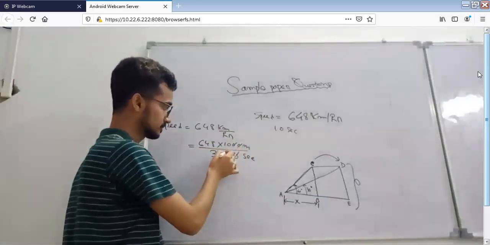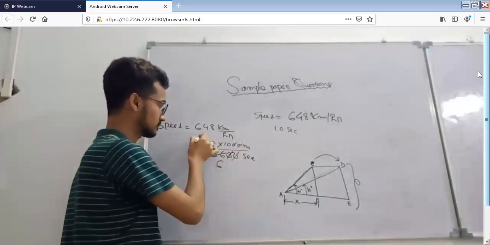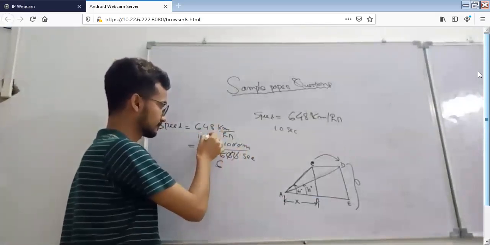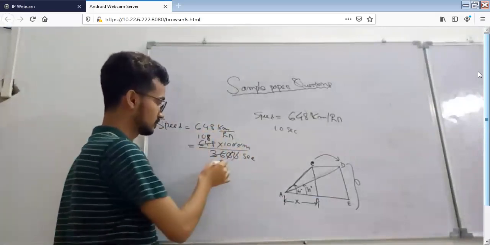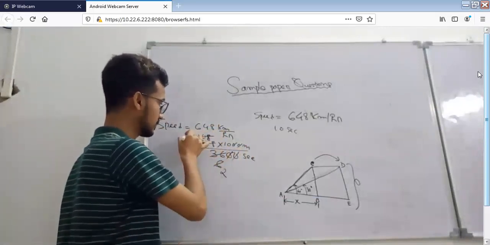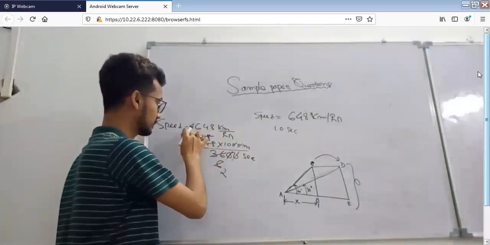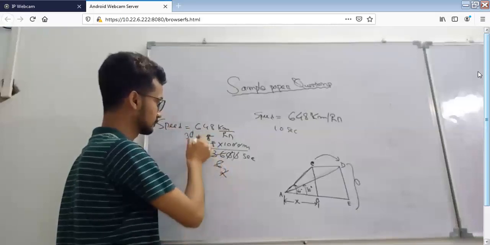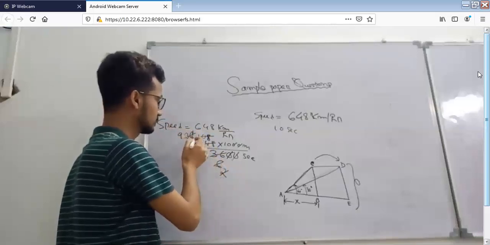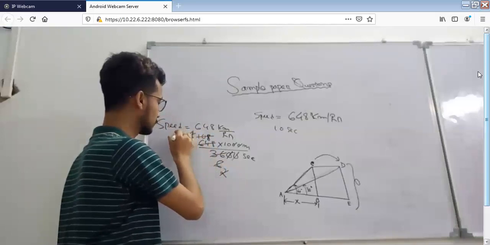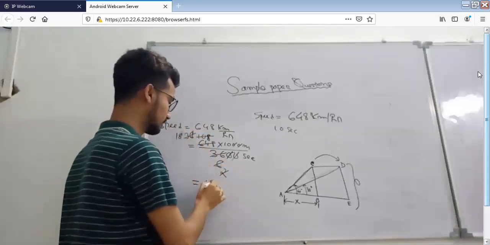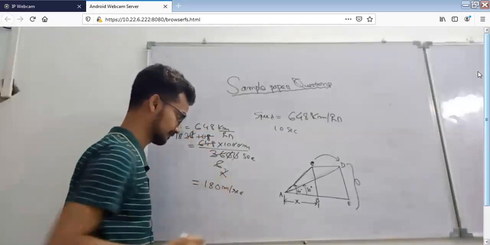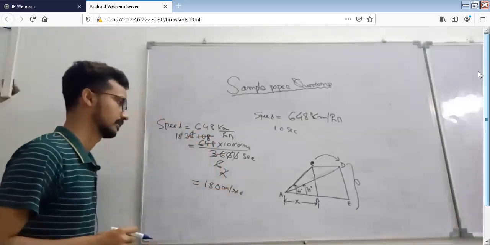Then 648 times 5 over 18 gives 180. So your speed will be 180 meters per second. This is your speed.